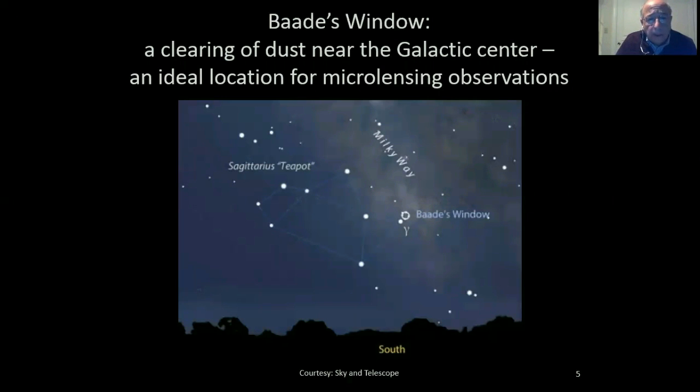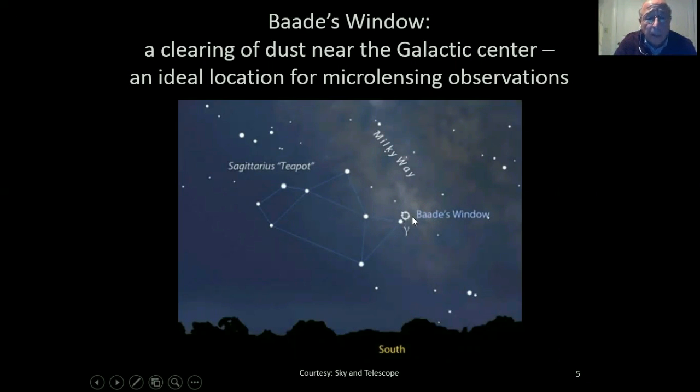Now, in looking at the center of the Milky Way, as many of you observers who've ever tried to image or look into the Milky Way know, it's a very crowded field. Well, it turns out that there's a window called Baade's window, which is not quite as dense as the other areas around the center of the Milky Way.